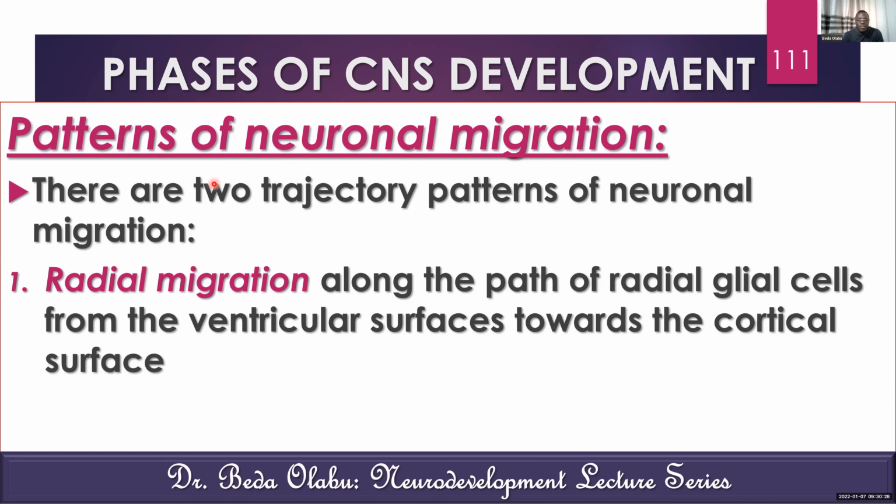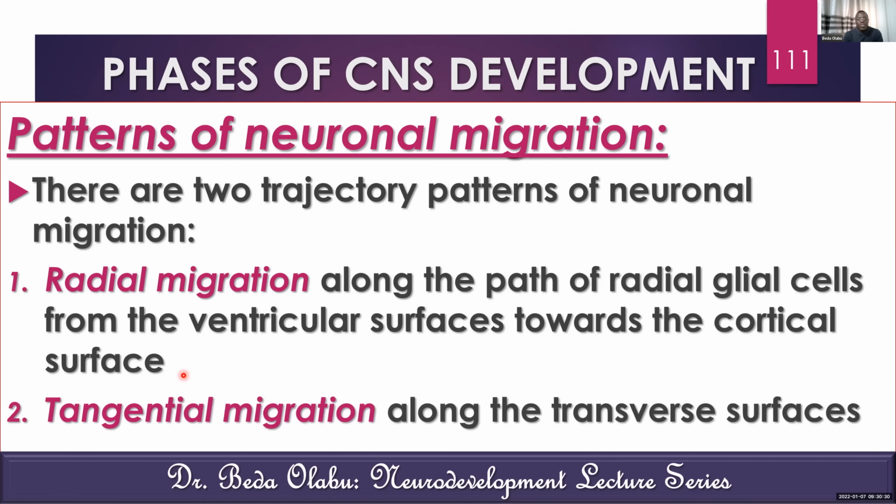But there's another trajectory path, which we call tangential migration. This is migration along the transverse surfaces of the neural tube, or the developing brain, basically.